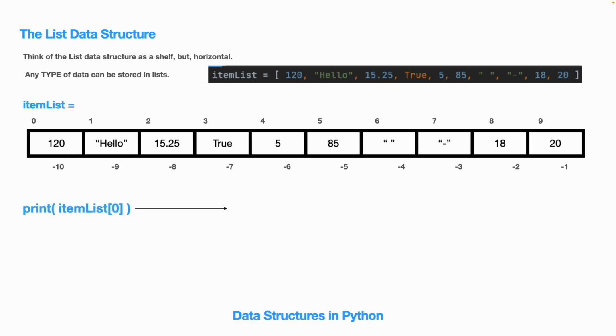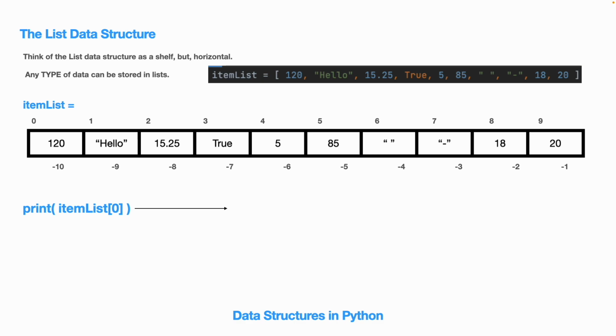It's pretty simple. To display each item inside this list, you'd use the print statement and then access each item using the name of the list, which in this case is item list, and going ahead with a similar syntax from strings, which is the opening and closing square brackets, and within those you'd write the position that you want to access inside this list.